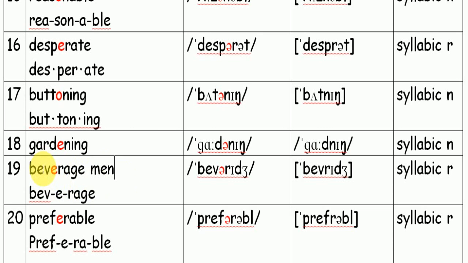Beverage is a non-English word, most probably French, so it comes into English carrying its original sound. In English, we transcribe it as a short e, but it's not the pure English short e, which is found in men. So here, beverage and men, like cattle, catcher.